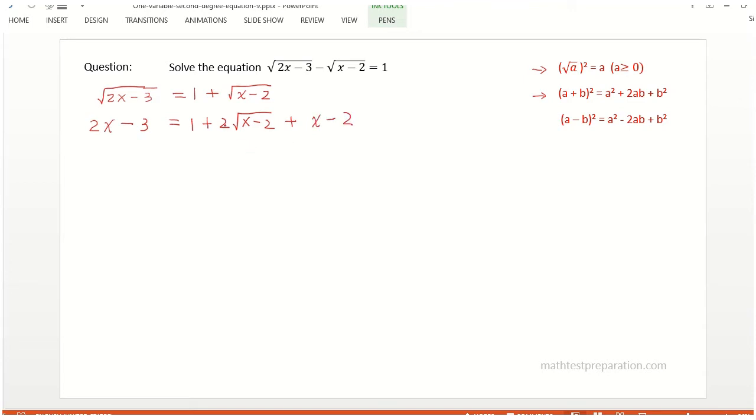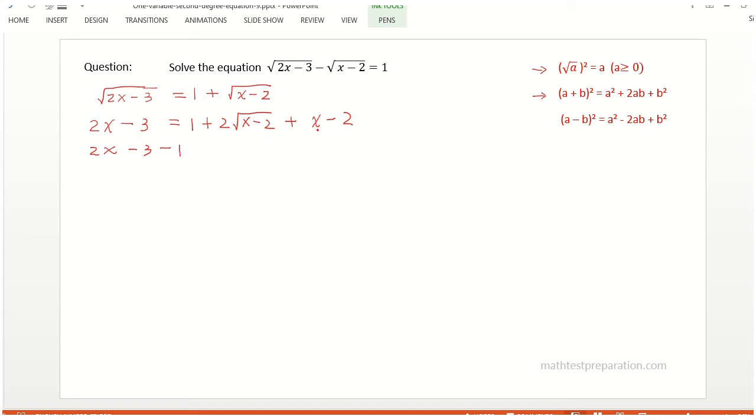Now keep the 2 times square root x subtract 2 in the right side of the equation. Move other terms to the left side of the equation. So we have 2x subtract 3. Move this term to the left side of the equation. 1 becomes negative 1.